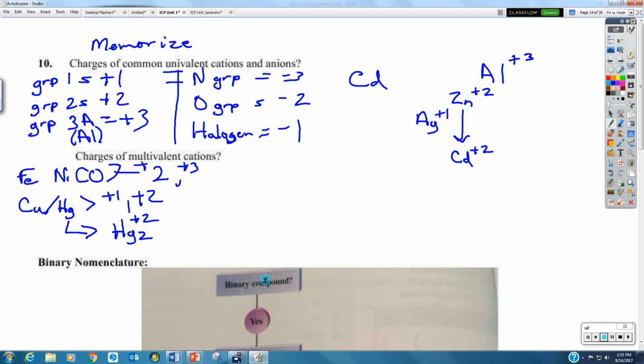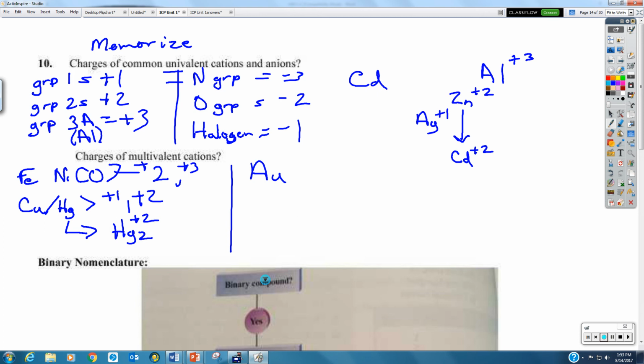When mercury is a +1 charge, it's diatomic. So you would write it as Hg2 with a +2 charge. You won't ever see Hg +1. You would see diatomic mercury with a +2 charge, and what that's telling us is each one of those mercuries has a +1. So that one's kind of an odd partnering.